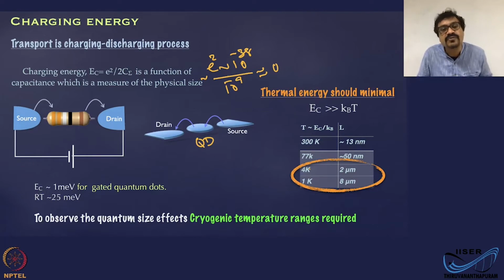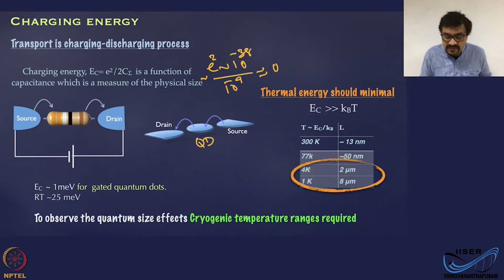This could be in attofarads or even lower, femtofarad, attofarad, even lower. If you work out the number again, you would see that this charging energy EC could be like a milli electron volt. Sometimes it could be even more because the capacitance is actually very small.